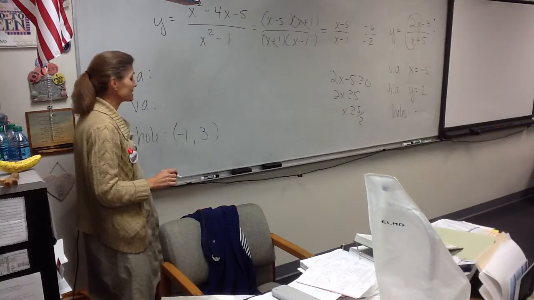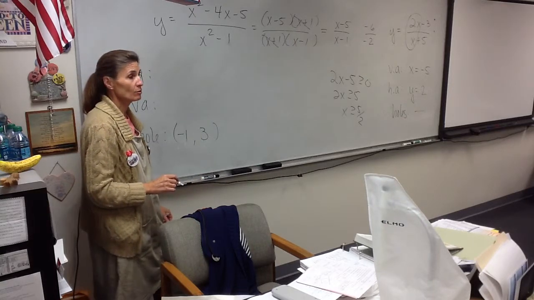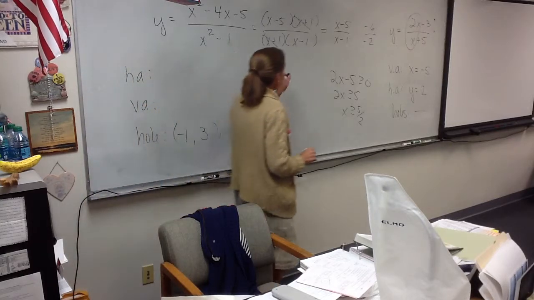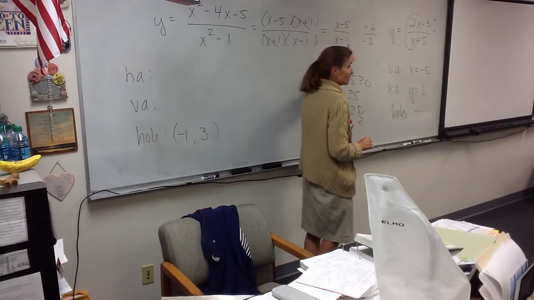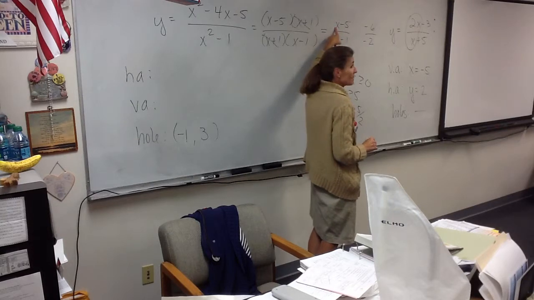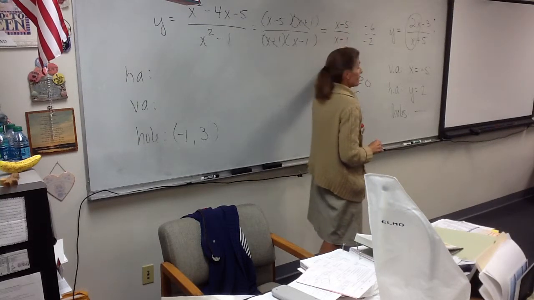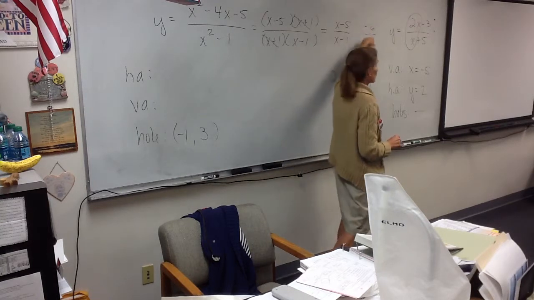So my hole is at -1, comma 3. To get my y coordinate, I go back to my reduced problem and I just plug in my x. And then I work that out.